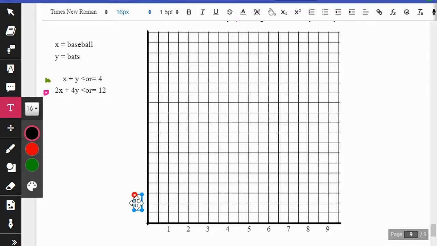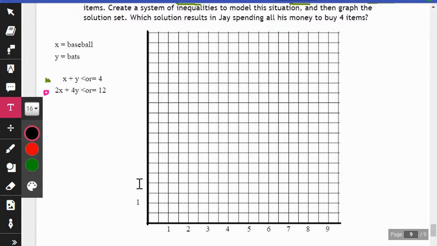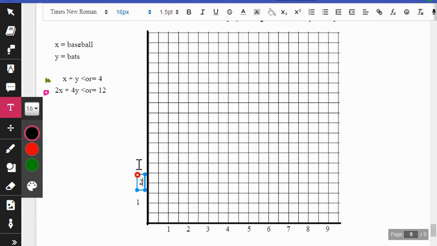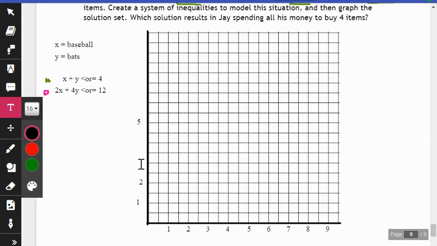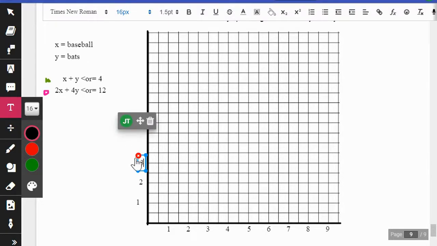I'm just telling you what to do here. I'm just going to go up to 5 there because I'm tired of typing in numbers.